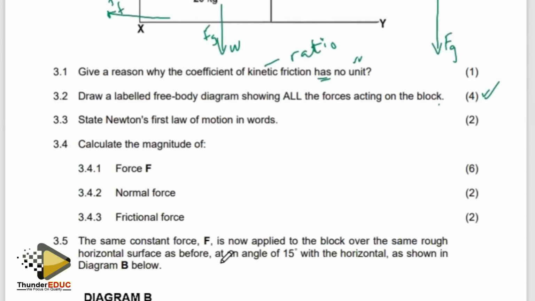3.3, they want us to state Newton's first law in words. I think we had that same thing up there within the objectives.